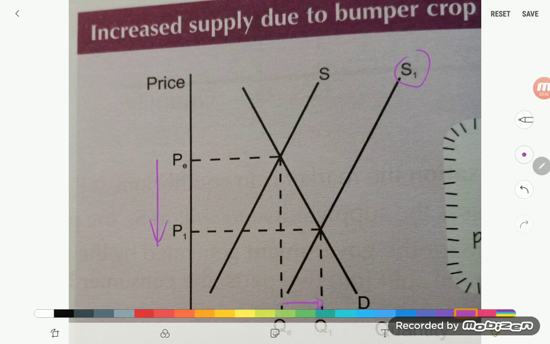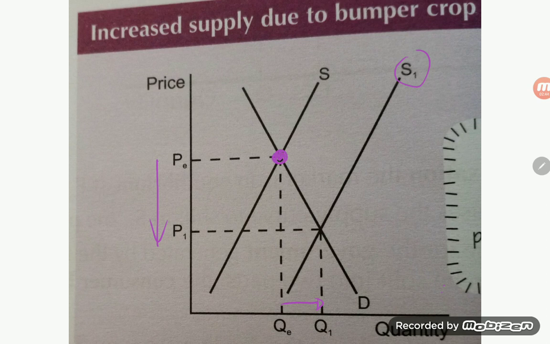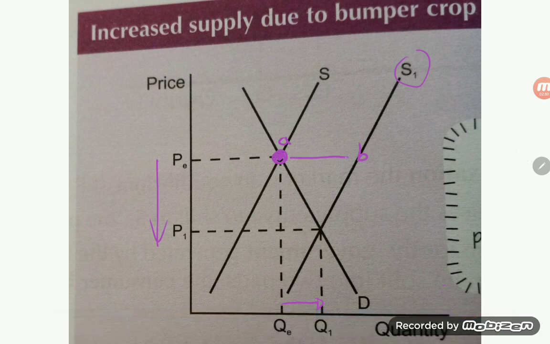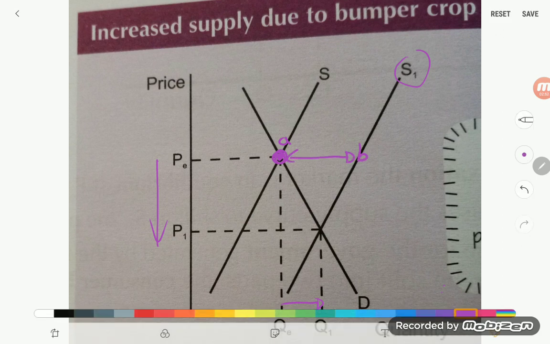Okay, so we can see at a price of PE, the original equilibrium, which we mark as A, and B, there is excess supply in the market. Because of the excess supply in the market, there will be an extension in demand because of the cheaper prices, from A to C, increasing the consumer surplus.